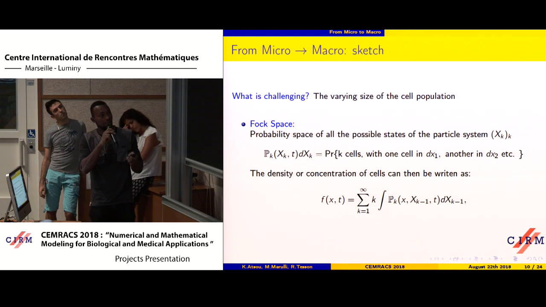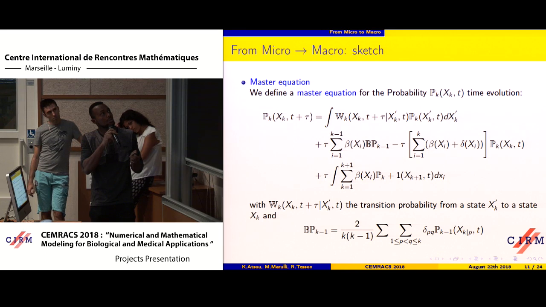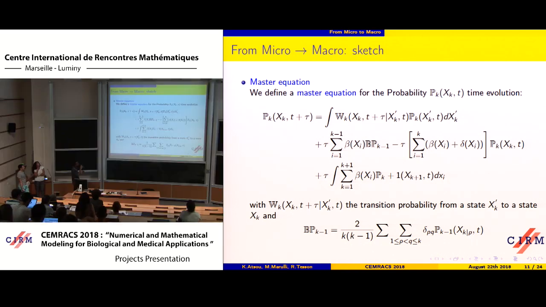After derivation of the formula of the density of the distribution of the particles, we can define a master equation for the time evolution of the probability in the Fock space. This is the form of the master equation.